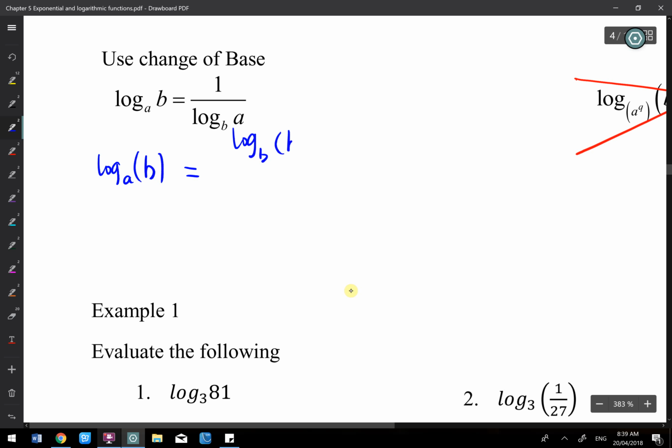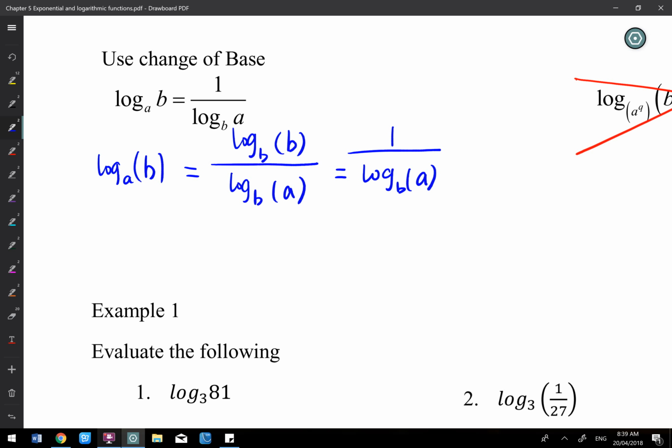So I change it to base b. So it's log b b over log b a, and log b b is just 1. So it's 1 over log b a. That's how we prove it. We just use the change of base formula to get this done.